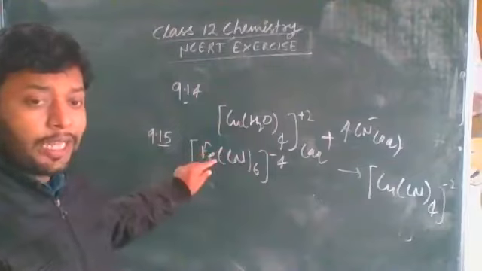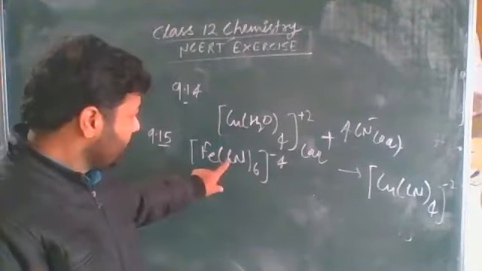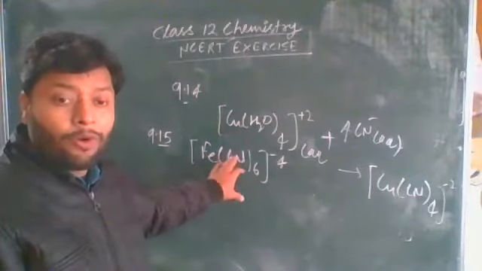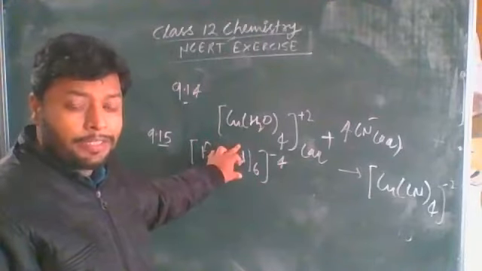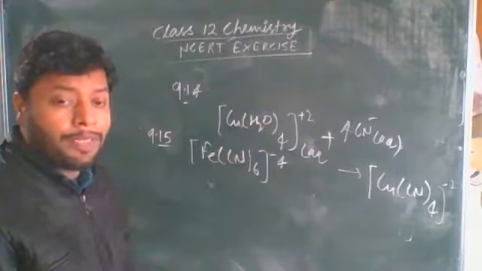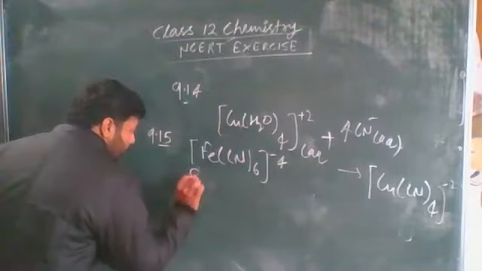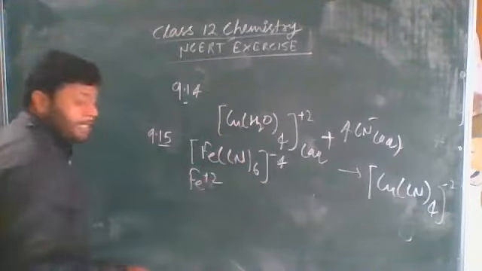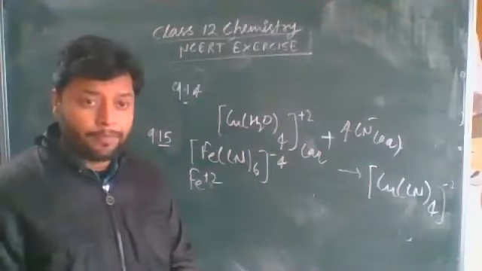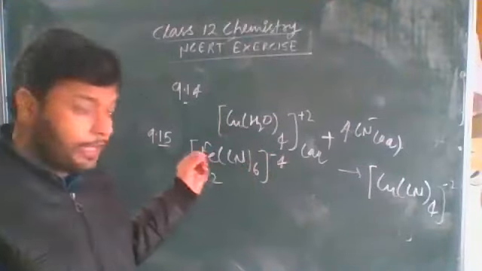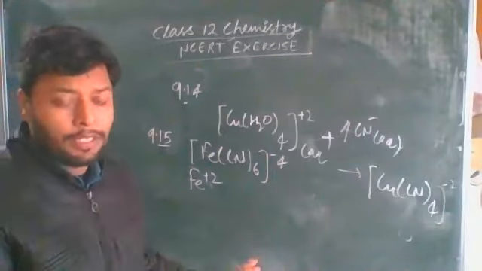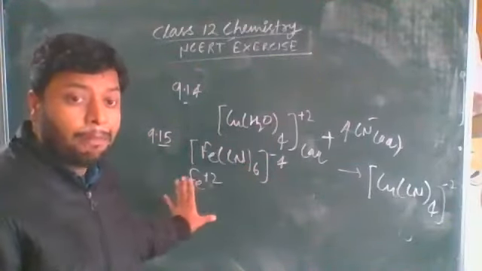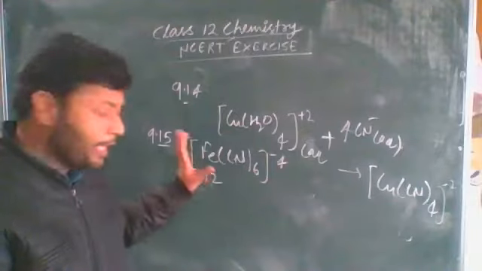You can see there are 6 monodentate ligands, 6 CN⁻, so the charge of Fe will be Fe²⁺. You should start from the beginning: just see the complex and write the oxidation number of the metal. Now the oxidation number of metal is +2.